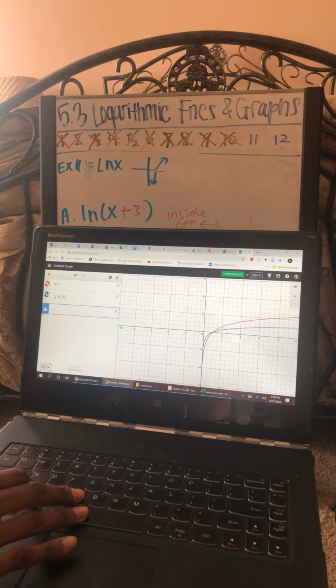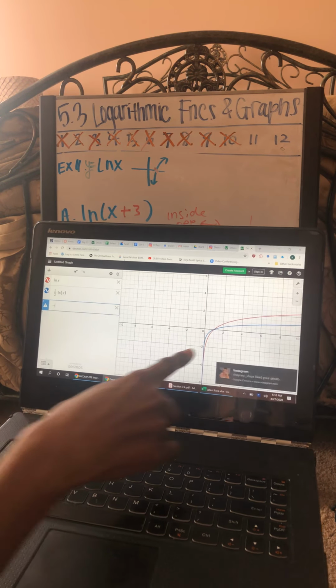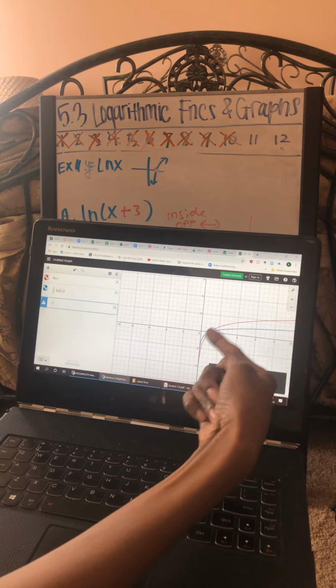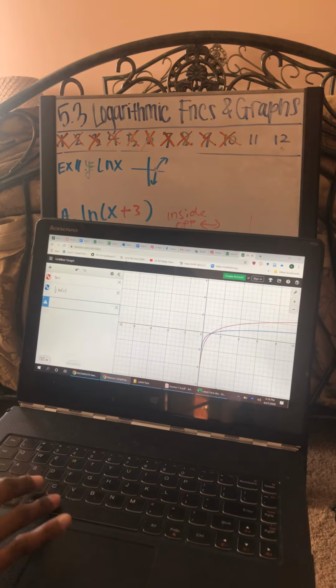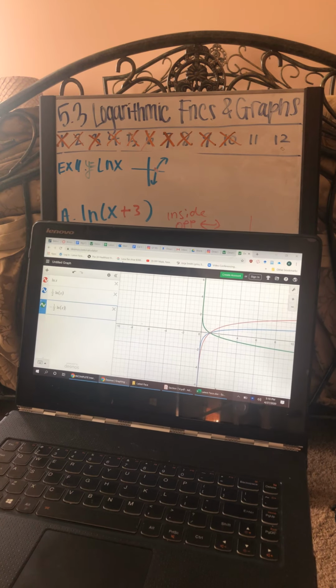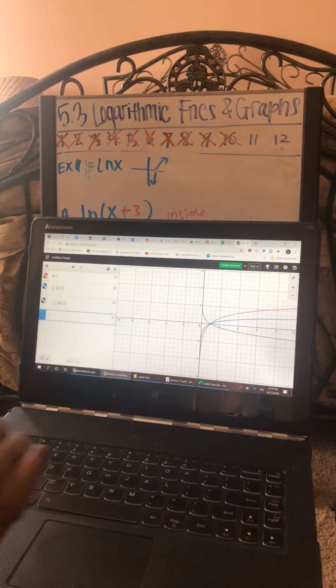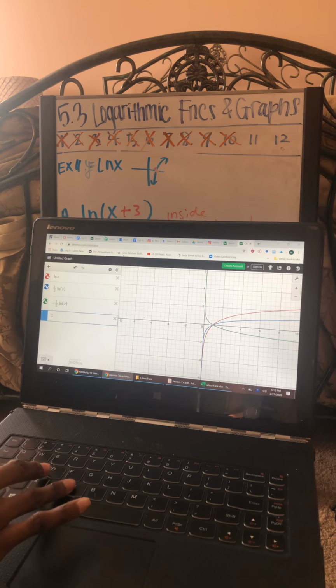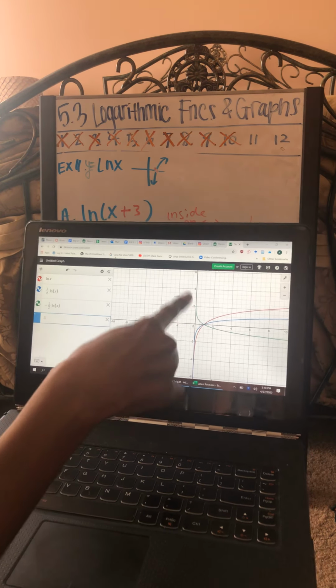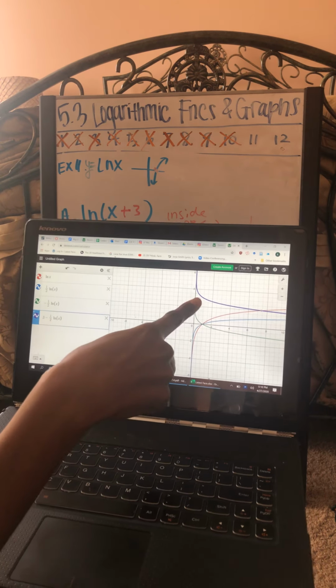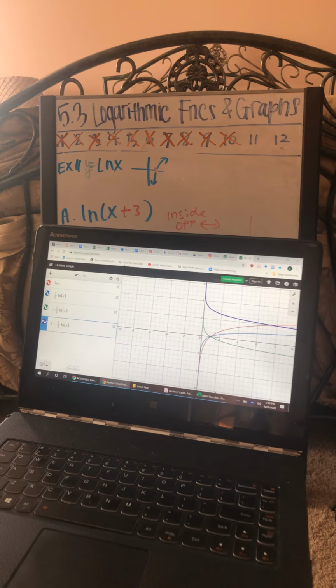So when we tack on the negative, it's going to flip over the x-axis. So this blue one right here is going to flip. This is going to flip downward, and that one's going to flip upward, okay? So now we have the green one, okay? And now from this green one, I'm going to put that 3 in the beginning, and that's going to shift it up 3. So this green one is now going to move up 3, and that will be the final answer. So this purple answer is the final one, okay?